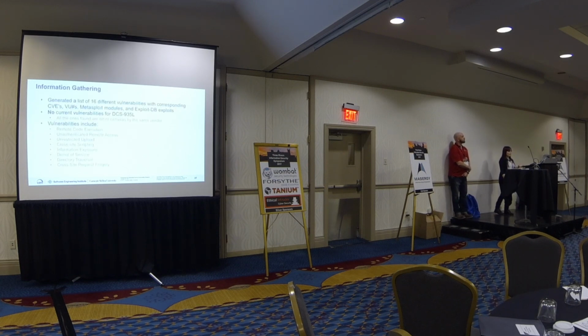So once we decided on the camera, we did ample amounts of research on vulnerabilities and exploits that exist for that D-Link camera and other D-Link cameras. We got 16 different current vulnerabilities with their CVEs, vulnerability numbers, Metasploit modules, Exploit Database exploits, all that fun stuff.